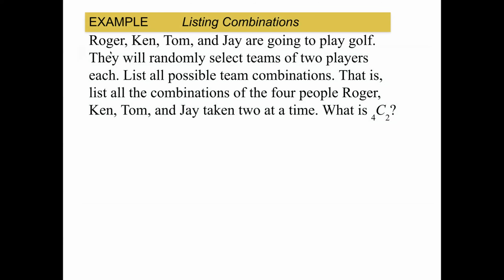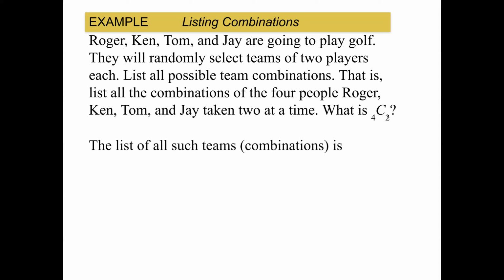So here's a way we can do this. We have four people who are going to go play golf, and they want to select two players from the four. This is all possible combinations, not permutations, but combinations. Another way to say that is, in a list of four distinct players, how do we make pairs? Choose two of the four.